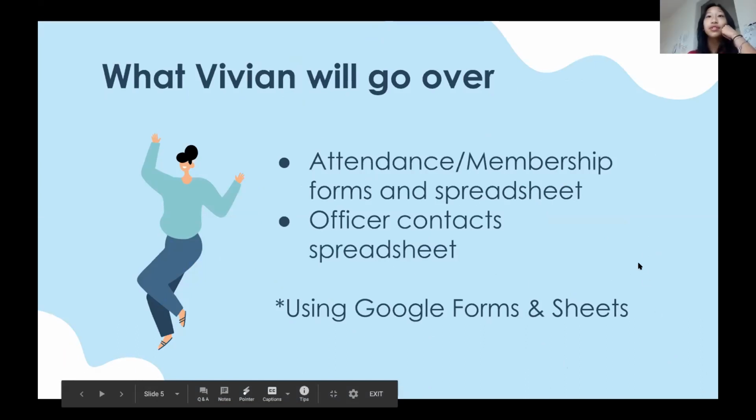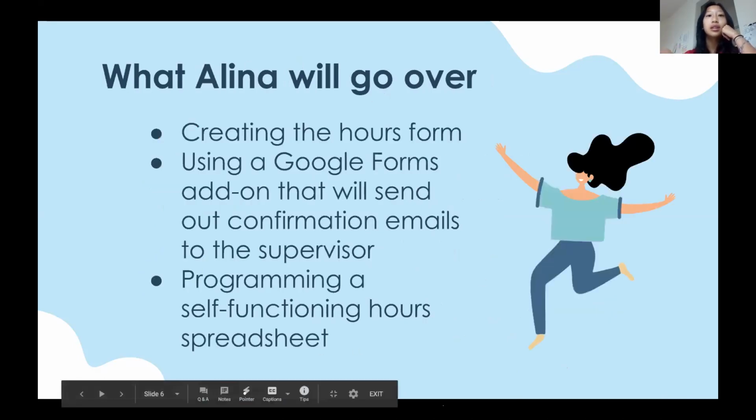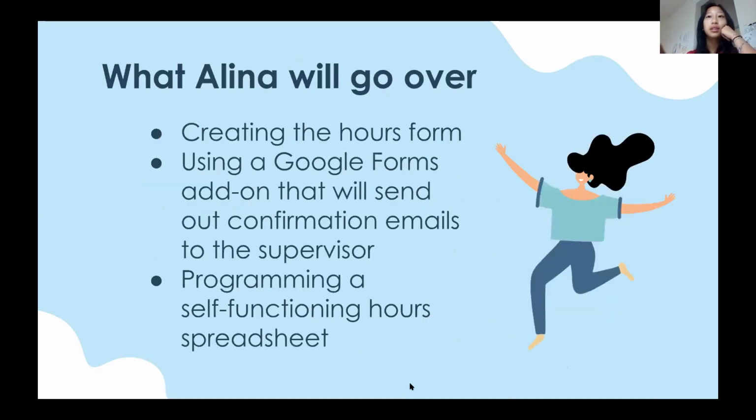So what I'm going to go over first is an attendance, membership, forms, and spreadsheet, as well as officer contact spreadsheet. So I'm going to be using Google Forms and Sheets. I'm also going to be using Google Forms and Sheets, and I'm also going to show you spreadsheet hacks to make your life a lot easier, especially for secretaries, in terms of recording hours, documenting hours, calculating hours.